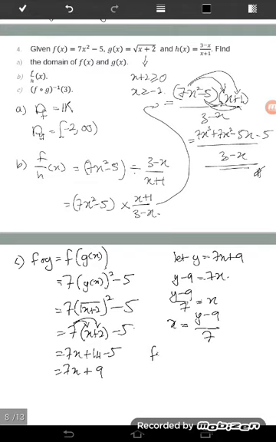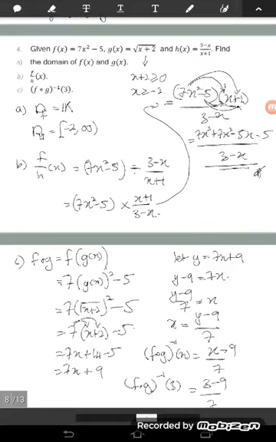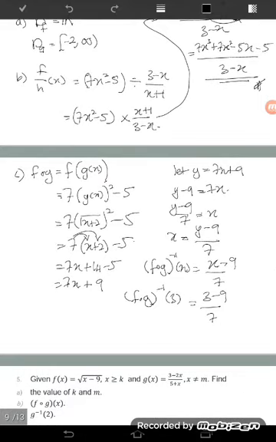Therefore the inverse of the composite function of f and g, at x, is equal to x minus 9 over 7. And then for the inverse of f o g at 3, we substitute x with 3: 3 minus 9 divided by 7, which is equal to negative 6 over 7.